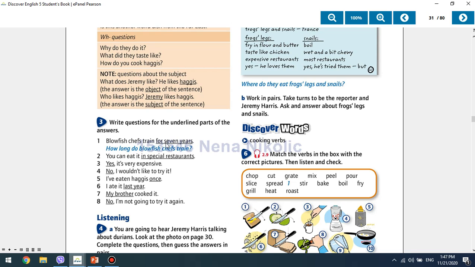Your answer should be for 7 years. First, you think of the question word, and here the question word must be how long. Then you look at the verb to find out which tense it is, so that you know which auxiliary to use. And then you follow the word order we were talking about. Write questions for these sentences, and then we will check it together.